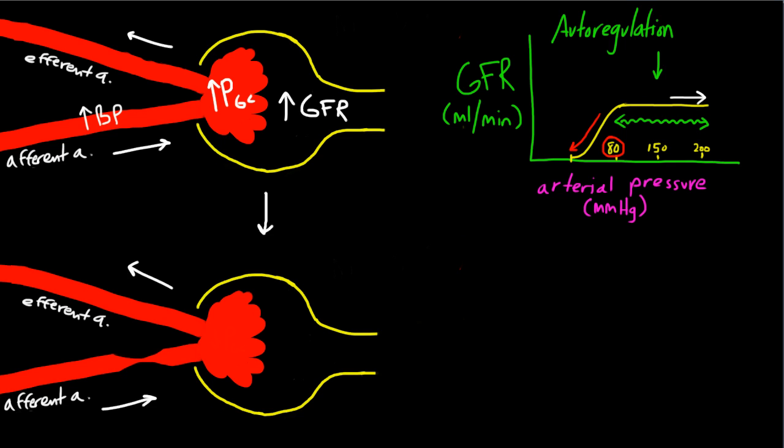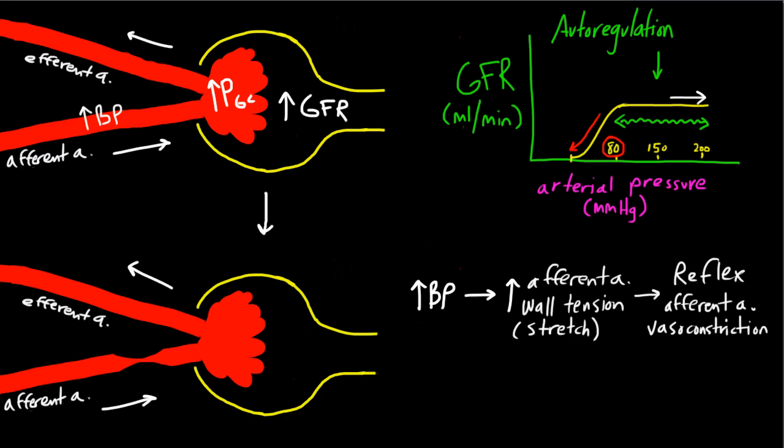However, phenomena ensue which reduce the PGC and the GFR to their previous levels. The increase in arterial blood pressure leads to stretching of the afferent arteriole and increased afferent arteriolar wall tension. This leads to reflex vasoconstriction of the afferent arteriole.